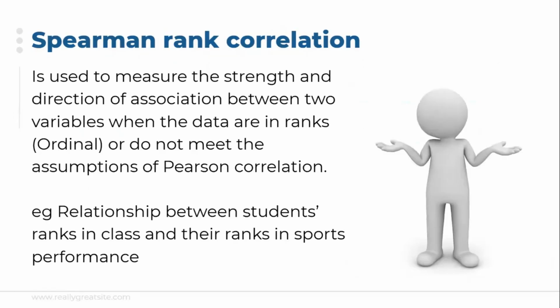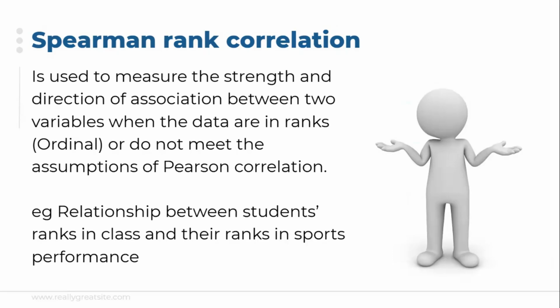Now, if the data you have does not meet the assumptions of Pearson's correlation, we can try something called the Spearman rank correlation. This one is used to measure the strength and direction of association between two variables when the data are in ranks. In most cases, when we are dealing with ordinal data, that is when we can go ahead and use the Spearman's rank correlation.